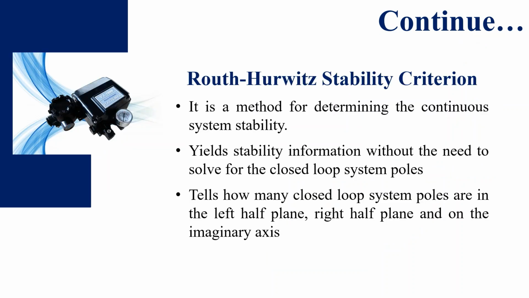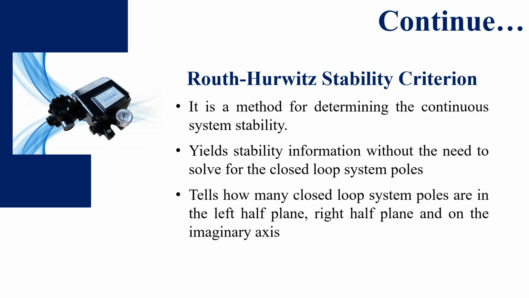In this experiment, we will learn a method that yields stability information without the need to solve for closed loop system poles. Using this method, we can tell how many closed loop system poles are in the left half plane, in the right half plane, and on the imaginary axis.